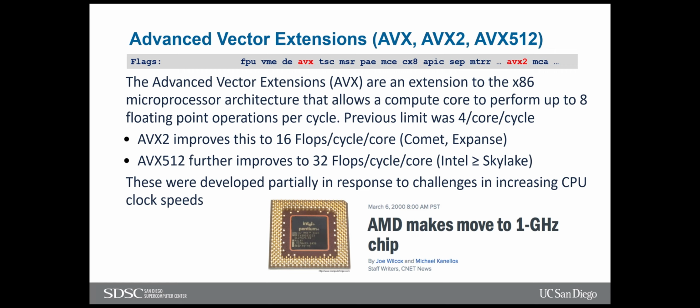Expanse does not have AVX 512, but this is an option available on different systems. But again, just because it's there doesn't mean that your application can take advantage of it. It's very difficult to program to make this efficient. In addition, when you're using these different features, it could slow down the clock speed because it's doing a lot more work.